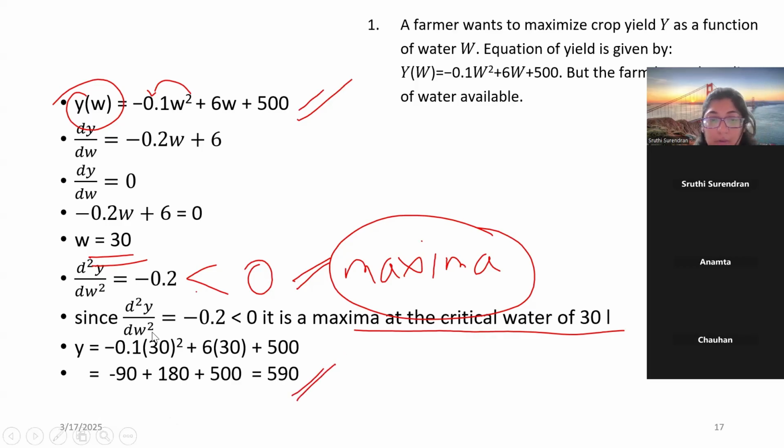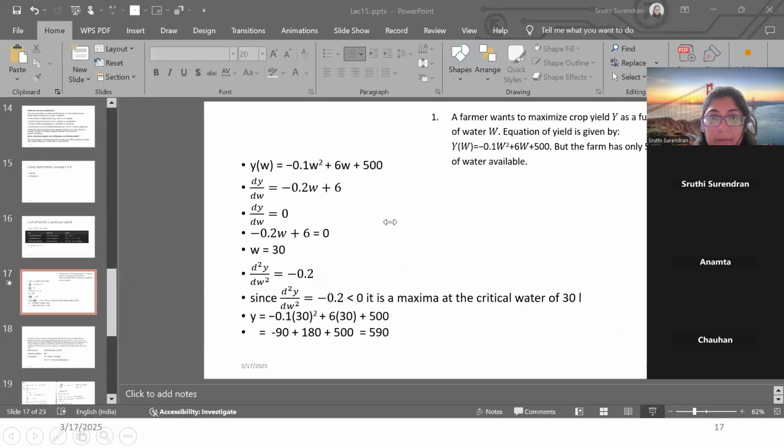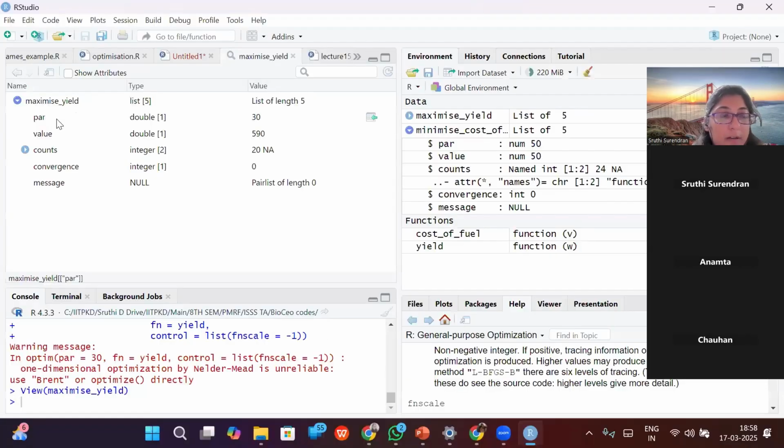And if you go back to the code, for the parameter value of 30, you are finding the yield as 590, which is the maximum yield. So this is how the optimizer Optim is doing the optimization. We solved it manually also, and we solved it using the code also.